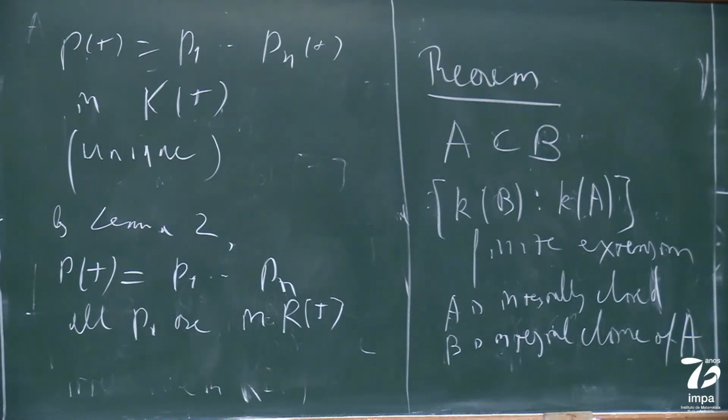Here, B is the integral closure of A inside K of B, obviously, right? Otherwise, it makes no sense.